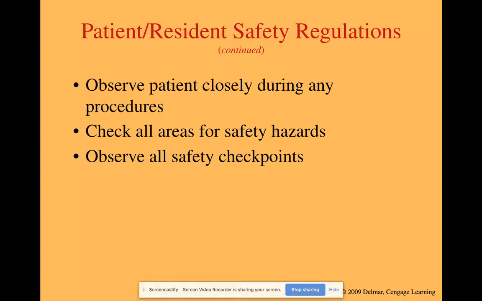Keep in mind your environment you're in. Make sure you observe all safety checkpoints. Okay, so throughout the procedure or before or after the procedure as well.